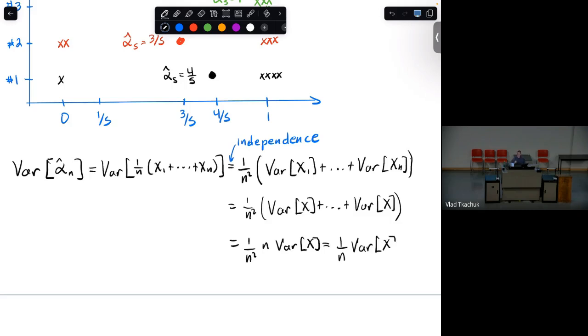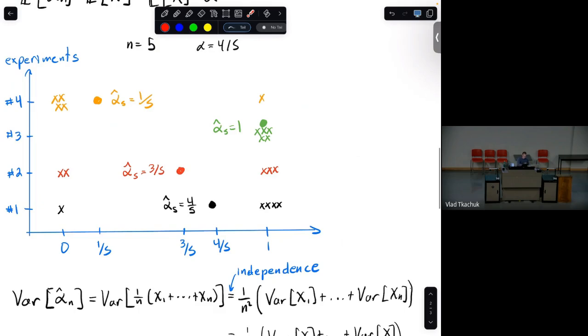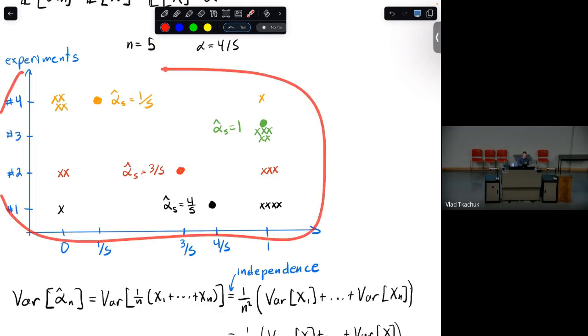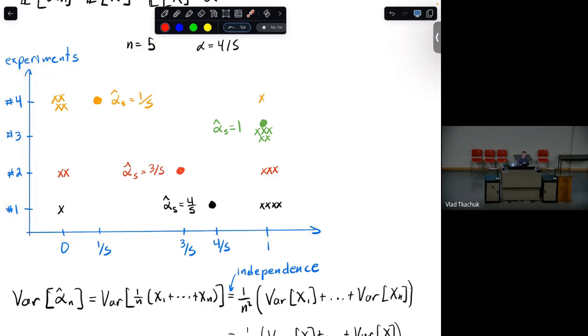is not the variance of the original coin flip. The original coin flip has some variance, meaning when you flip this coin over and over again, there's some variation in whether you get heads or tails. For the sample mean estimator, intuitively, if you increase n and get more flips, imagine you had 1 million coin flips instead of n equals 5.